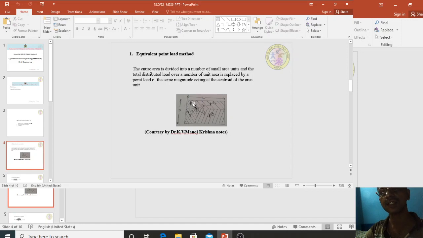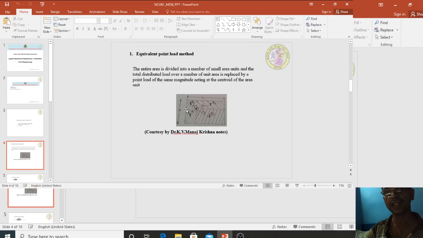Okay, let us consider a loaded area having a length L and width B. That O is a point below which P is there, and we have to calculate stress there. For this area, to calculate stress at this point, draw a line parallel to the y-axis and parallel to the x-axis, if I consider this as the x-axis and this as the y-axis.